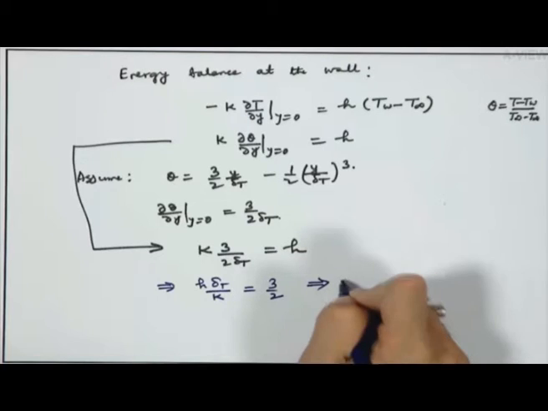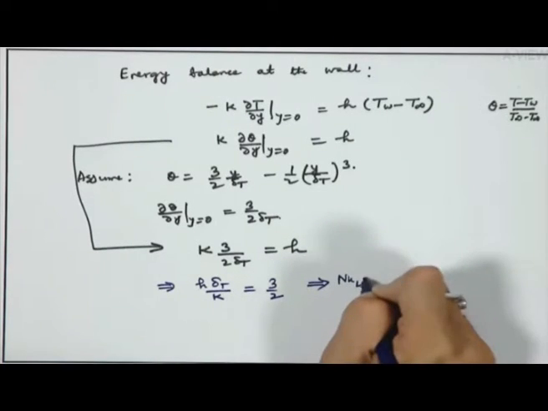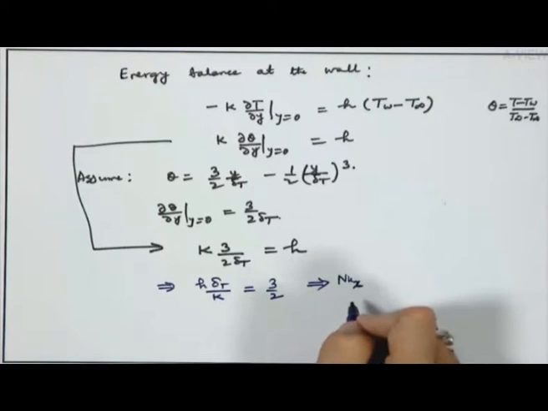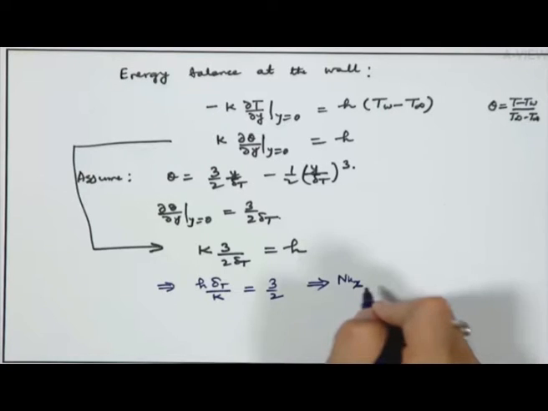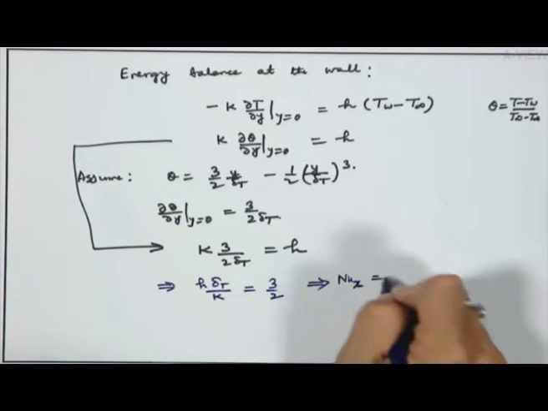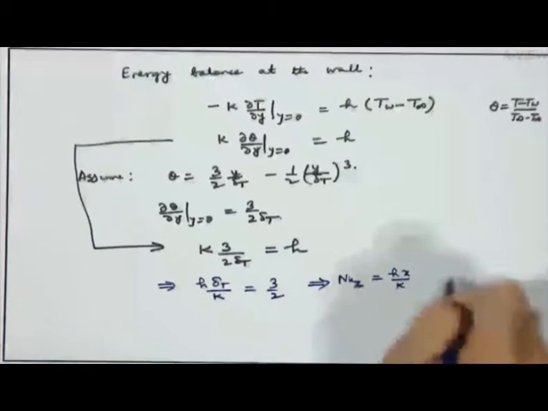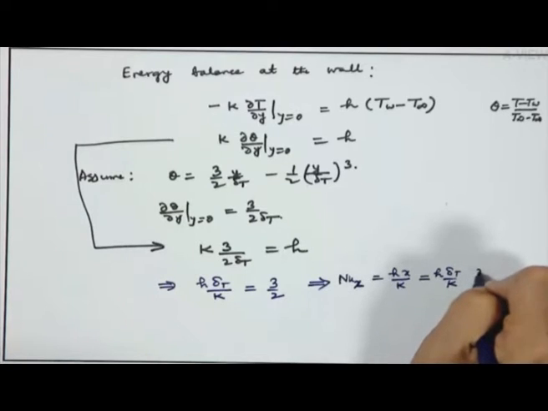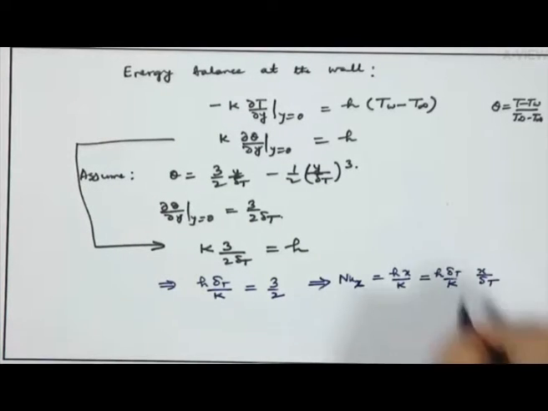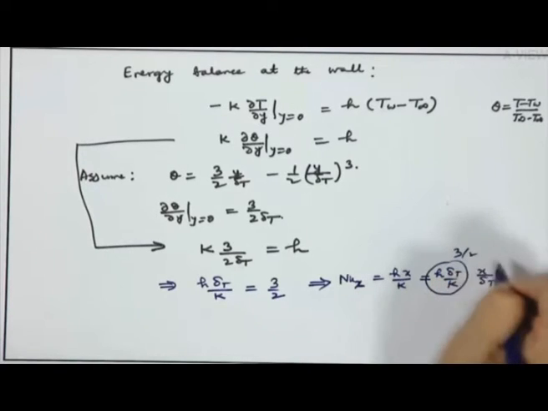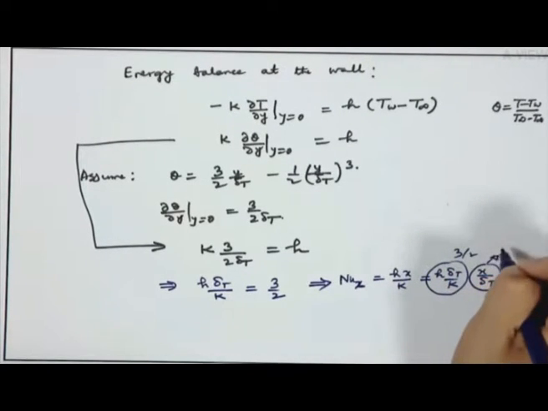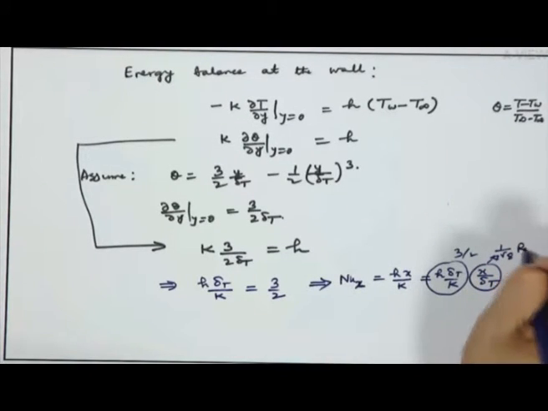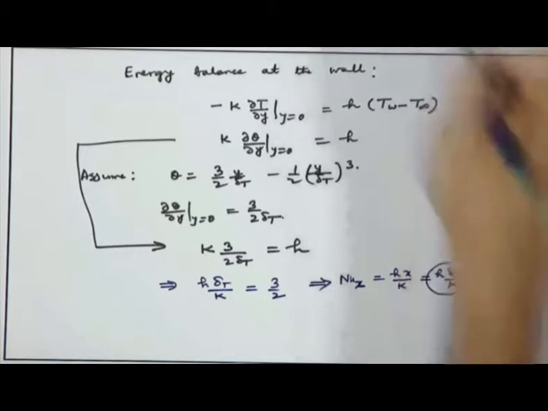Now what we require is the Nusselt number based on L or x. Nu x is the local Nusselt number, and you can calculate the Nusselt number based on L by putting x equal to L. So this is h x by k, which is h delta t by k into x by delta t. h delta t by k is 3 by 2 and x by delta t is 1 by square root of 8 into Reynolds number to the power half into Prandtl number to the power half.